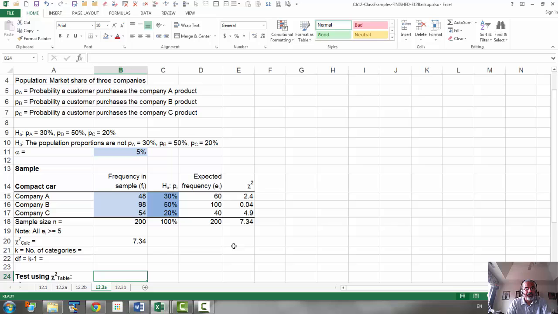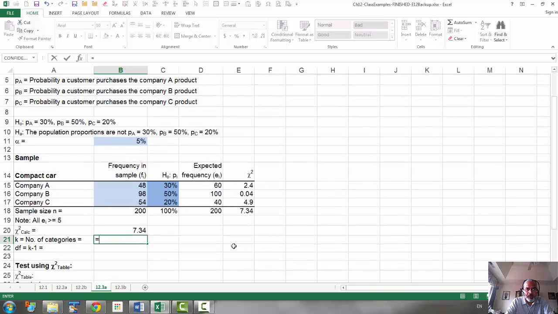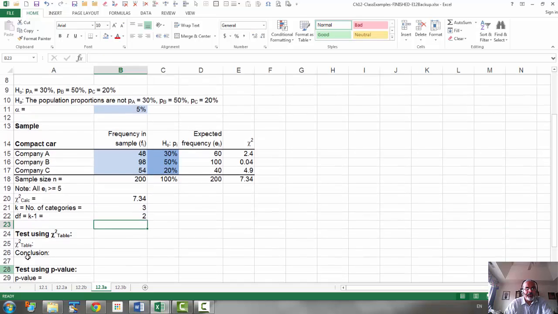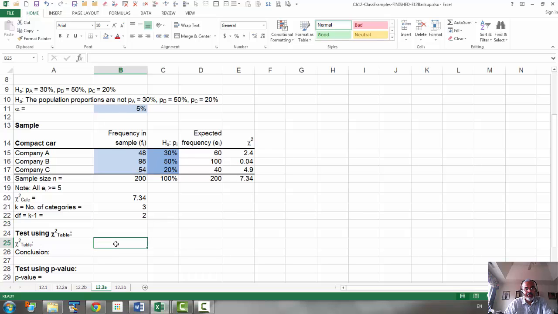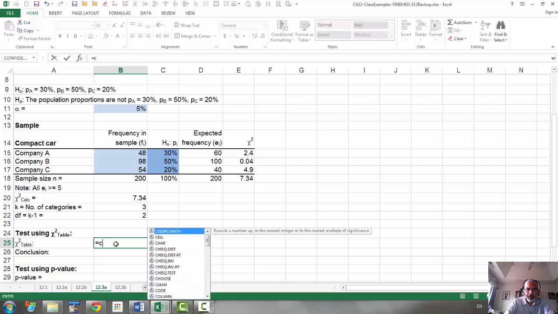The number of categories, there are 3. So k minus 1 is the degrees of freedom, and we can test using the chi-squared table approach.